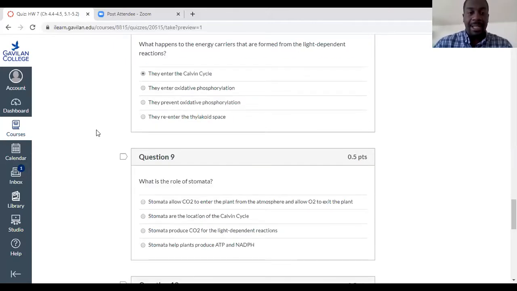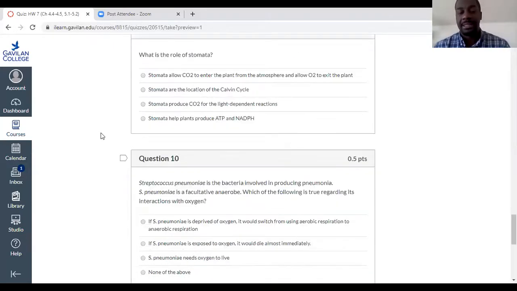Okay, number 9. What is the role of stomata? A, stomata allow carbon dioxide to enter the plant from the atmosphere and allow oxygen to exit the plant. B, the stomata are the location of the Calvin cycle. C, the stomata produce carbon dioxide for the light-dependent reactions. Or D, stomata help plants produce ATP and NADPH.